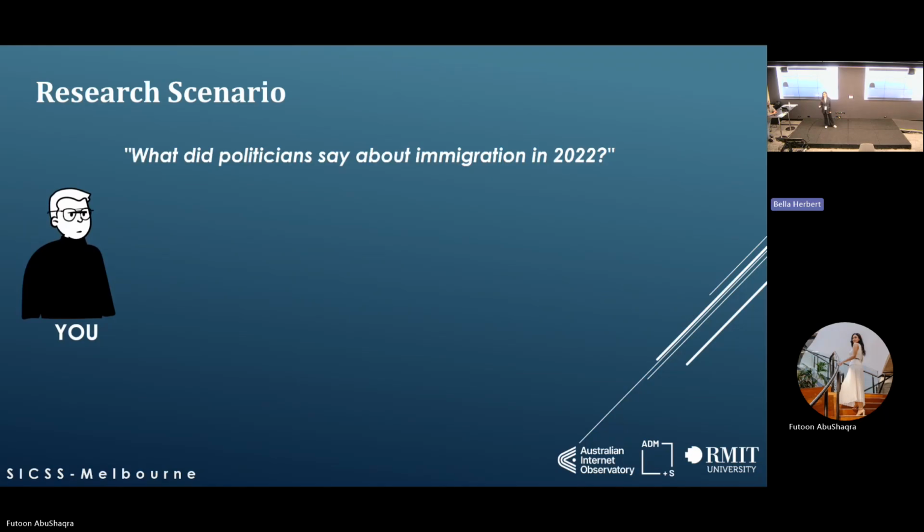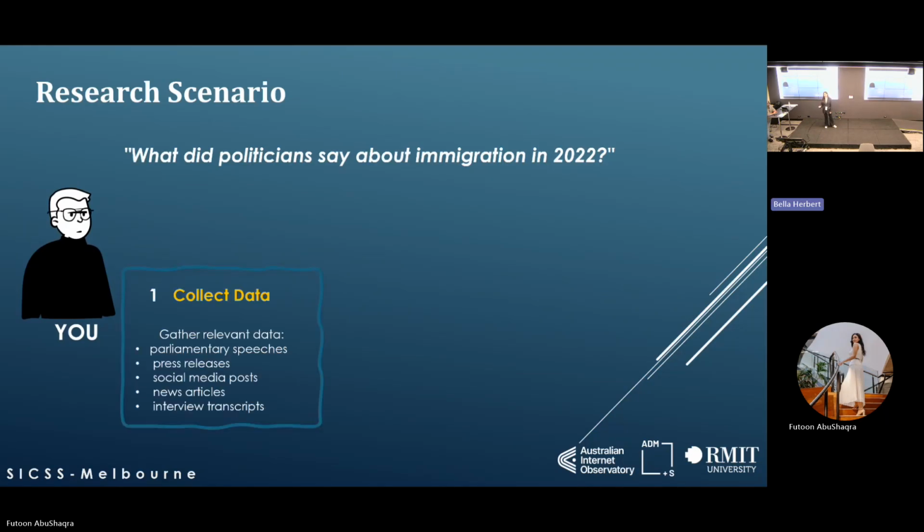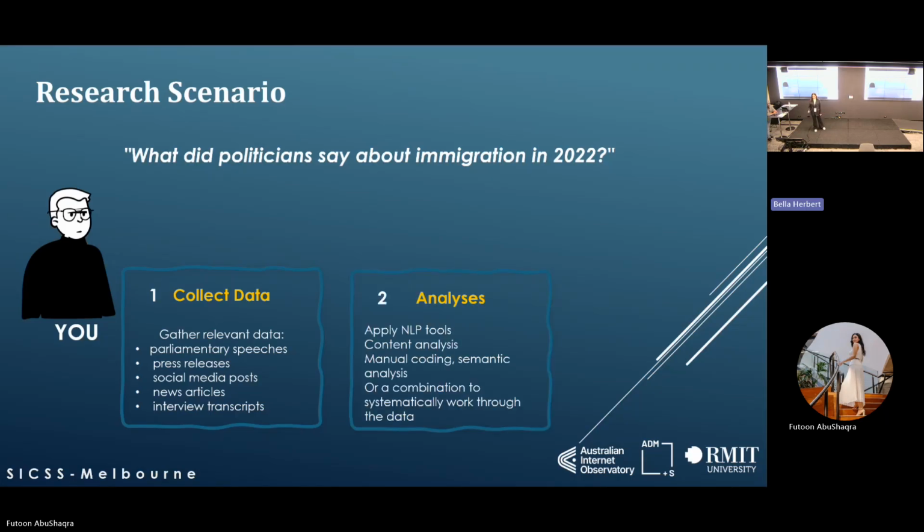The simplest pipeline that you will follow is, first, you collect your data. You might collect data from parliament speeches, press releases, social media posts, news articles, interview transcripts, or maybe more than that. But you will decide what data is needed and you will collect it. And then you will simply analyze your data. You might scan these documents manually.